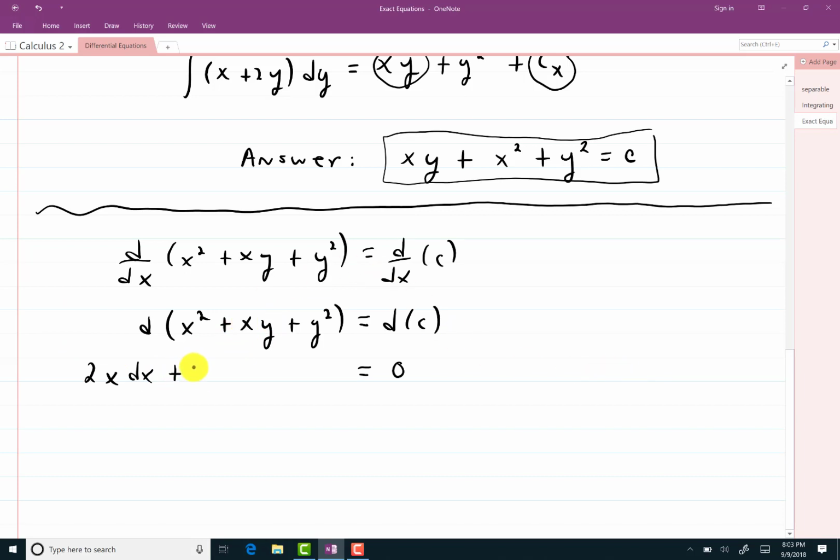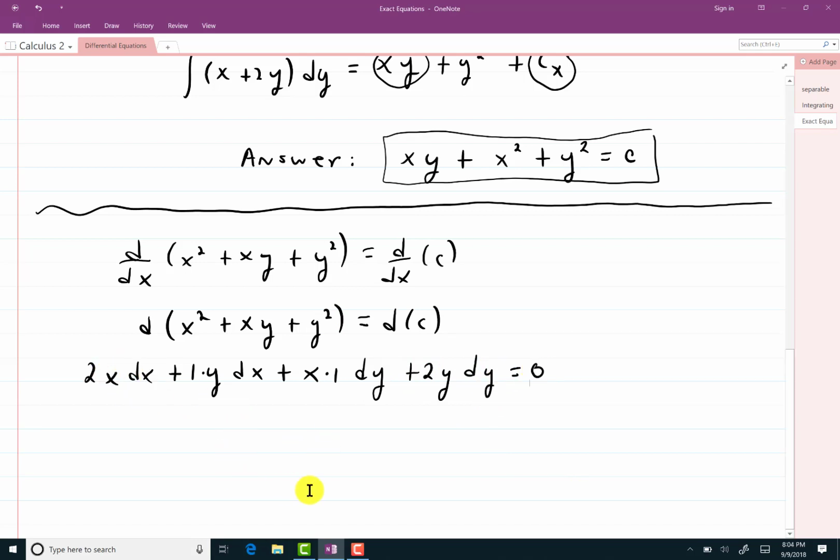So I'll get 1 times y, but I will attach a dx since the derivative was with respect to x. Similarly, I will leave x alone, multiply by the derivative of y with respect to y, which is 1 times dy. And I'll finish it off with 2y dy, and that equals 0.